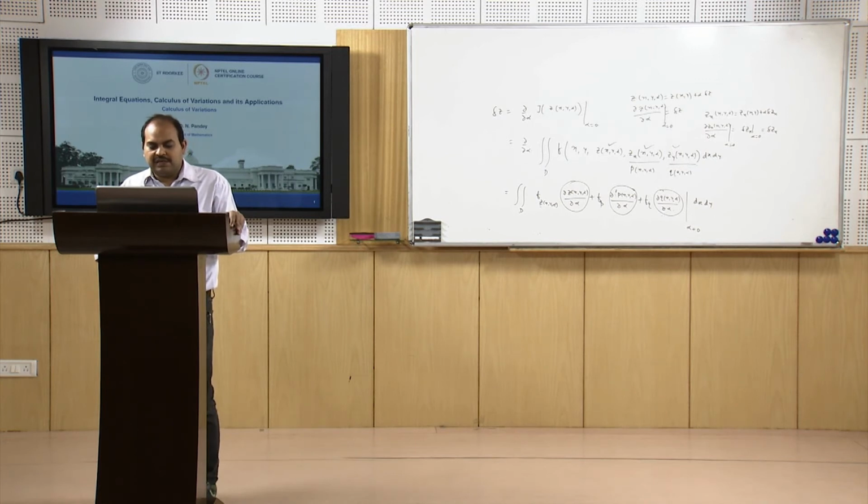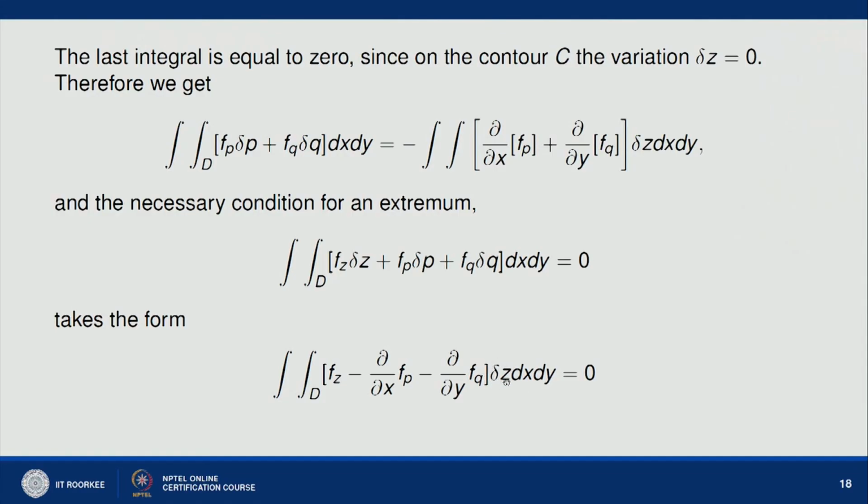Delta z is vanishing on the boundary because it is the difference of two curves, the admissible surface z1(x,y) and the extremal surface z(x,y), and both satisfy the same boundary condition. So delta z vanishes on the boundary, and it is arbitrary because z1 is an arbitrary surface in the neighborhood of z.